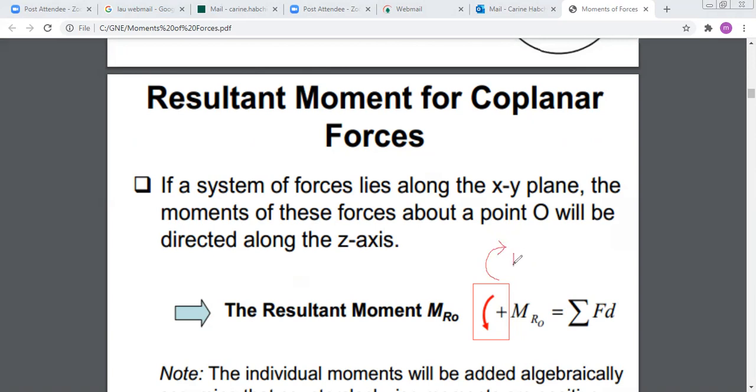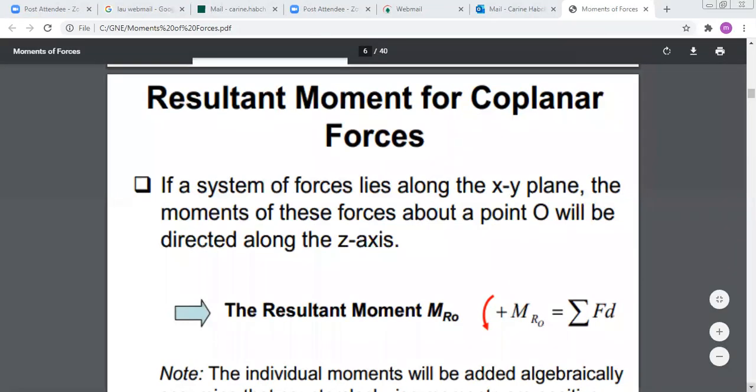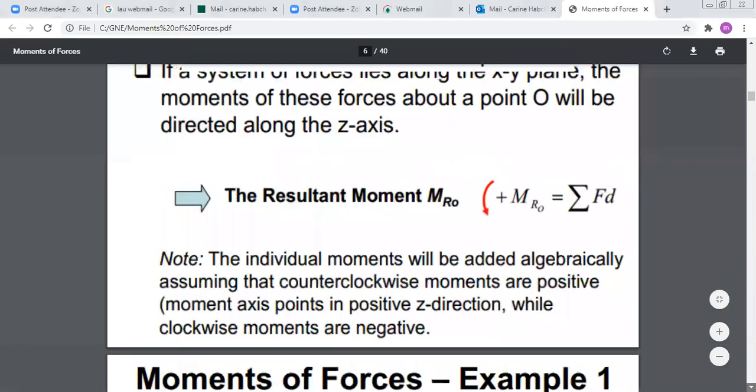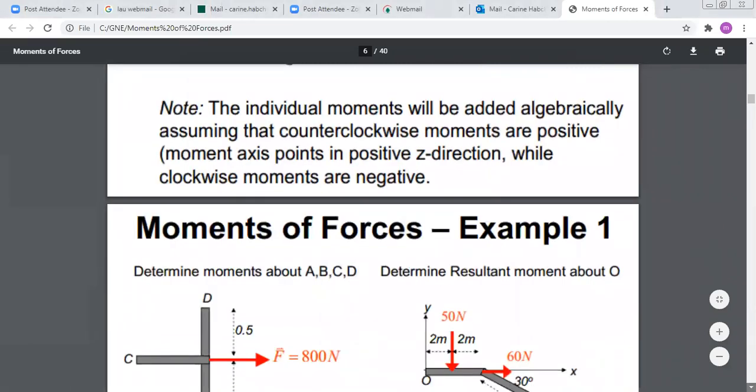In this case, you will count any clockwise moment as positive and any counterclockwise moment as negative. And to find the total moment, you should add the algebraic values of the moments. So let us do an example to see how to do it.